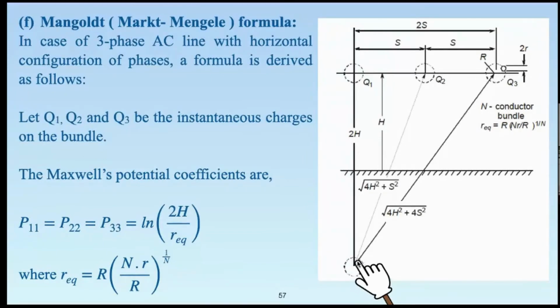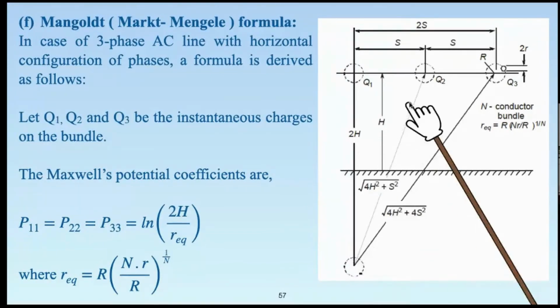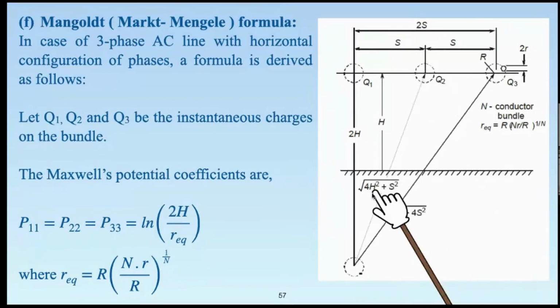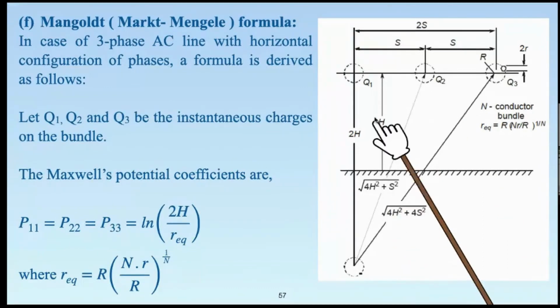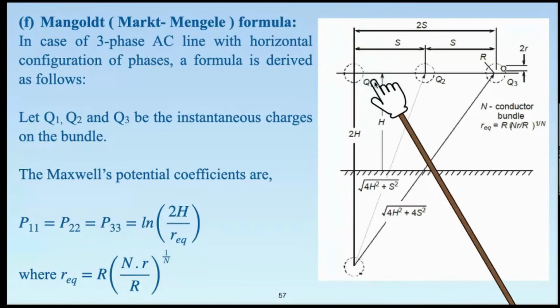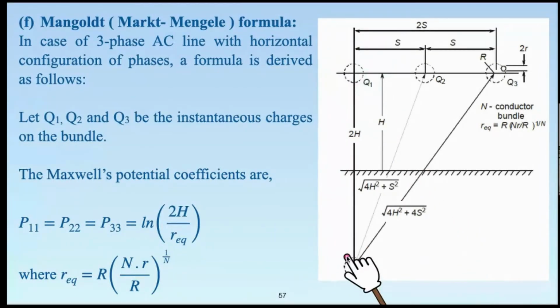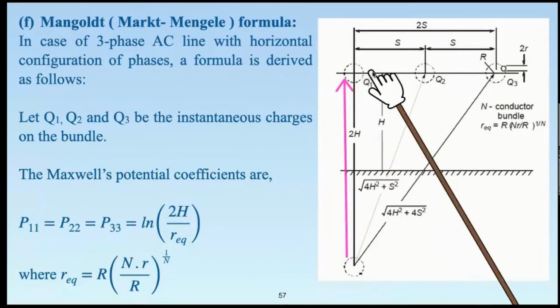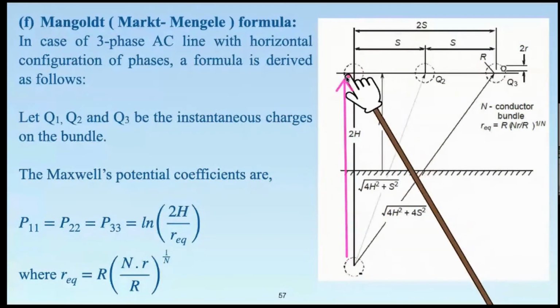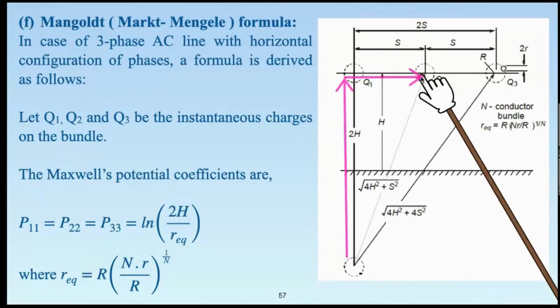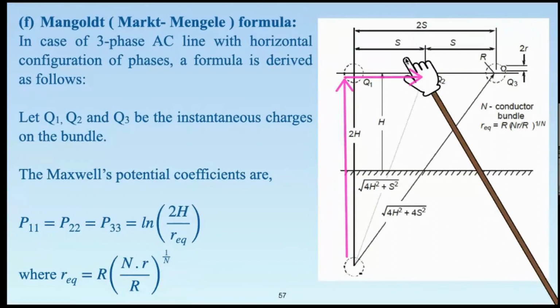Then this image will have a distance with respect to Y phase equal to the square root of this square plus this square. So you can see that when you want to calculate this distance, this is twice h, and then there is this distance, which is equal to separation s.